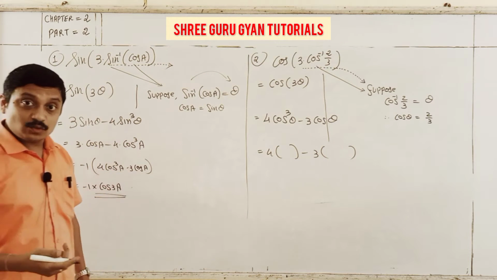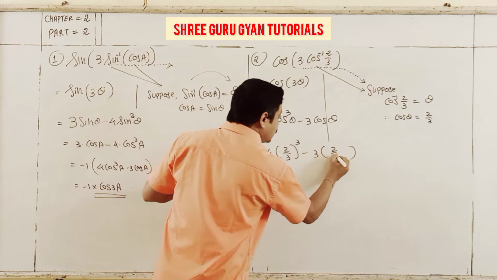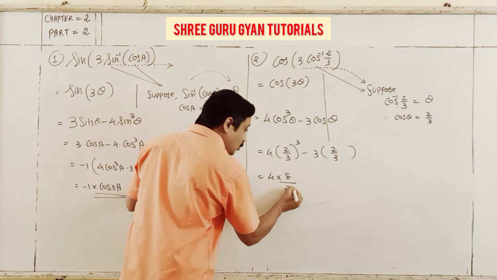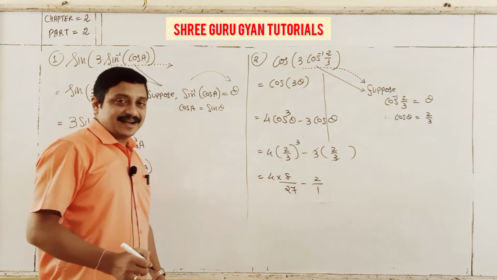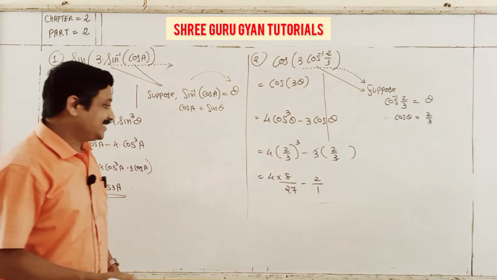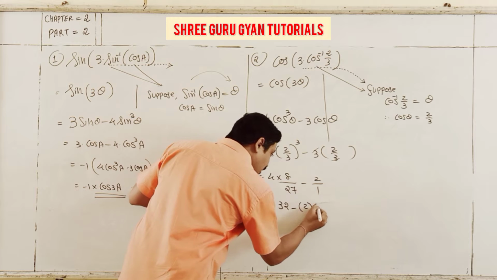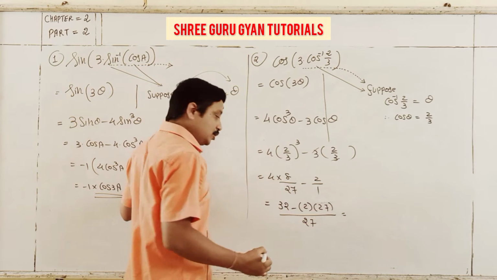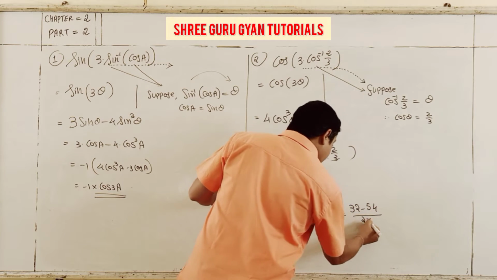Cos theta is 2/3, so here 4 times 2 by 3 cube minus 3 times 2/3, so 2 cube is 8, 3 cube is 27, this cancels, only 2 by 1. Now simply take LCM. 8 4s are 32, 2 into 27 by 27, so 2 27s are 54 by 27.